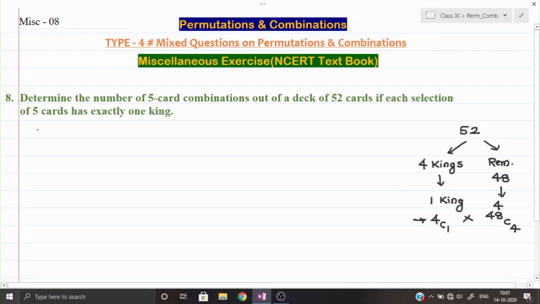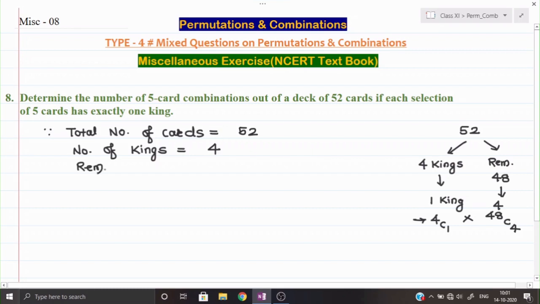So first of all, the total number of cards is equal to 52. The number of kings will be equal to 4, and the remaining cards will be equal to 48.